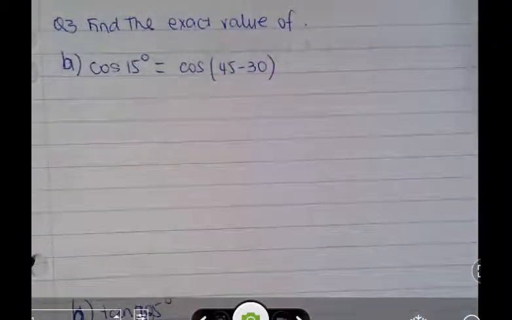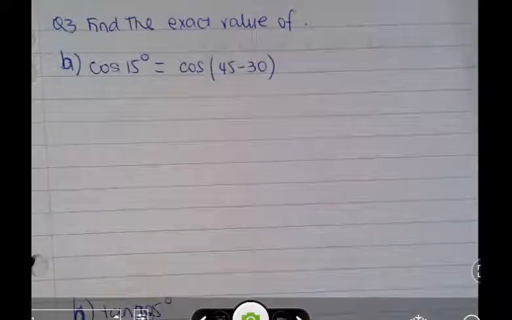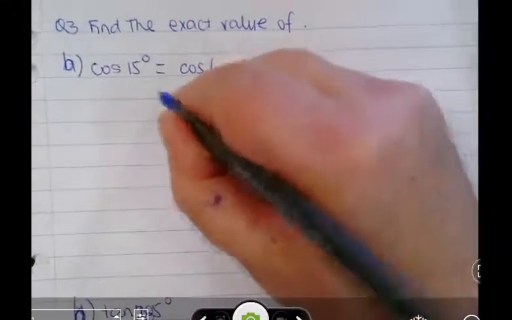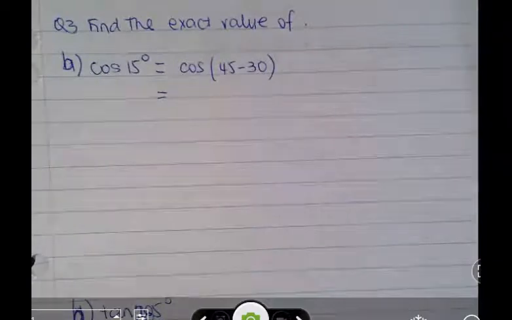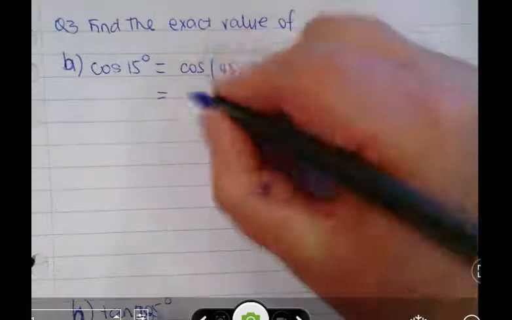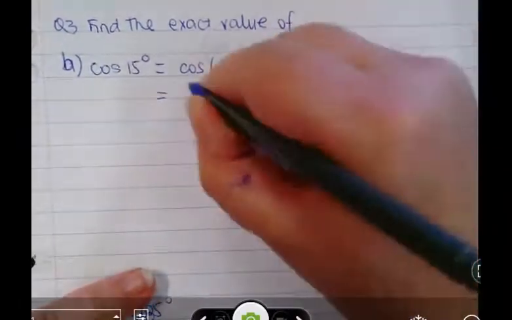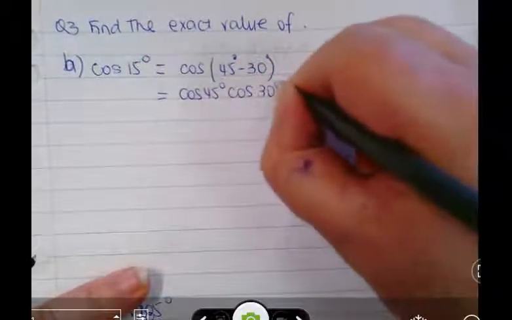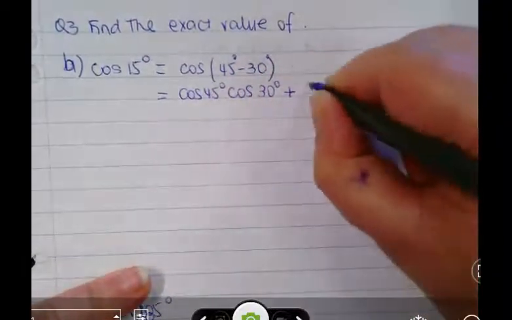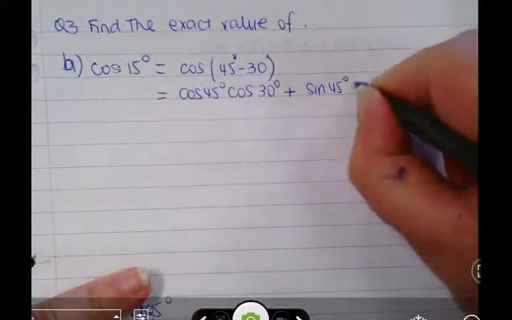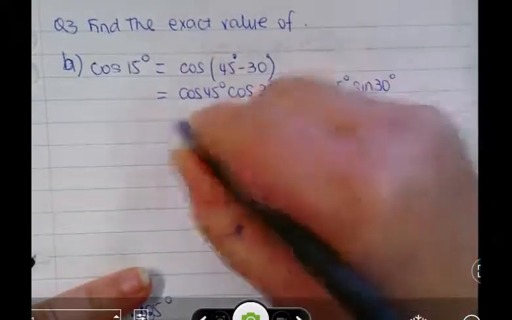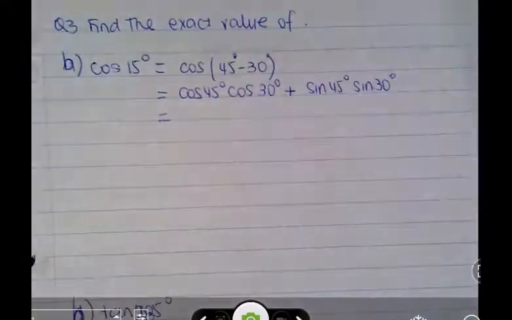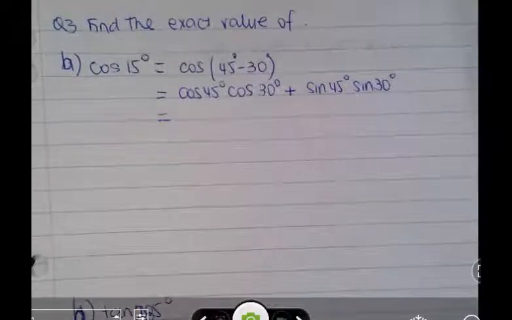Or you could have done 60 minus 45. Sorry, two ways. Now, this is cos, cos, cos, sine, sine. Do we keep the sign the same? No. So it's cos of 45 degrees, cos of 30 degrees, plus sine of 45 degrees, sine of 30 degrees. Yeah, so now we know the exact values for these.